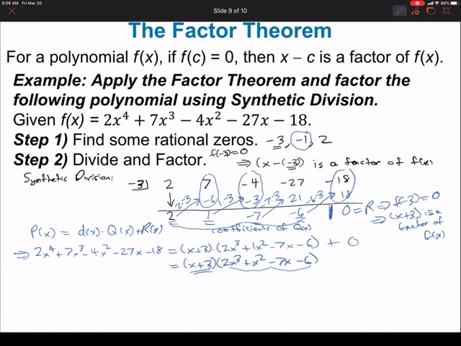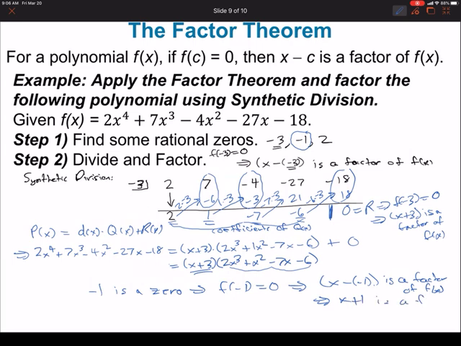If negative 1 is a zero, then f of negative 1 equals 0, which implies x minus negative 1 is a factor of this polynomial. So we know x plus 1 is a factor, and we can start breaking it up using that. Let's look at that in our next step.